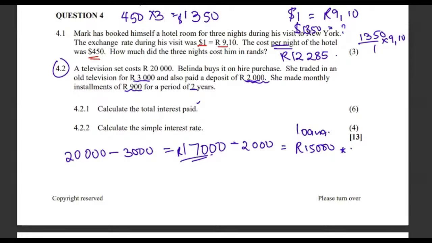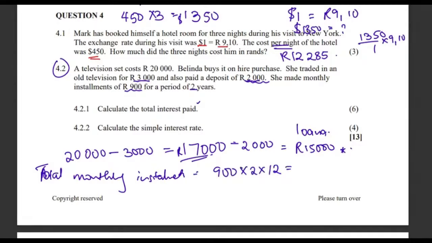Now, the fact that she's been paying 900 rands, so we are saying the total monthly installments is going to be 900 multiplied by 2 years, but each year has 12 months. Okay, so when I multiply that, what do we get?